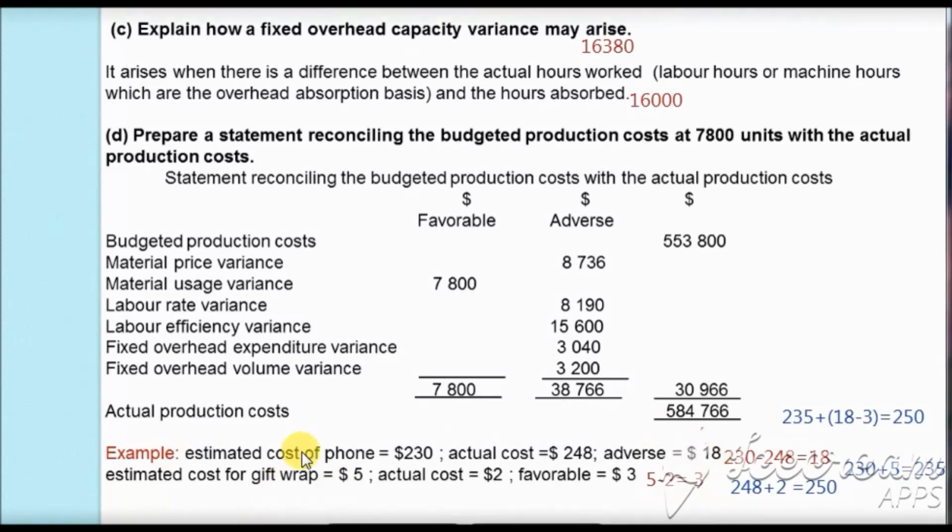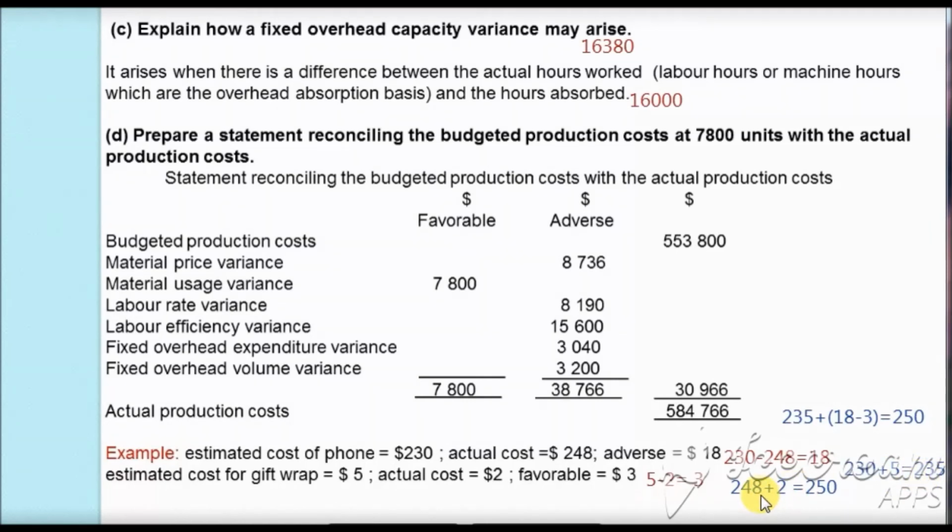And the gift wrap for this you estimated as $5, whereas the actual cost was $2. So now this will be a favorable variance for you because you estimated 5 and now you will be able to get it in 2. So you will save $3 and this $3 will be your favorable variance. So your estimated budgeted cost for the phone was $230 plus 5, which was $235.